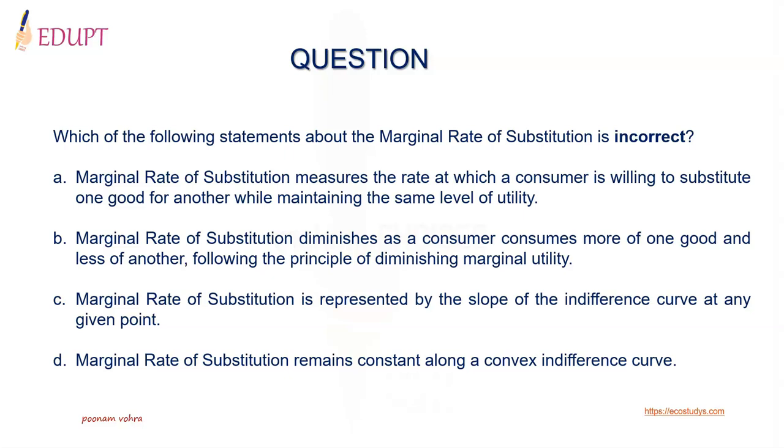C. Marginal rate of substitution is represented by the slope of the indifference curve at any given point. And D. Marginal rate of substitution remains constant along a convex indifference curve.